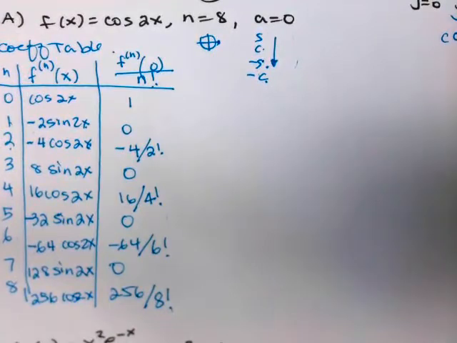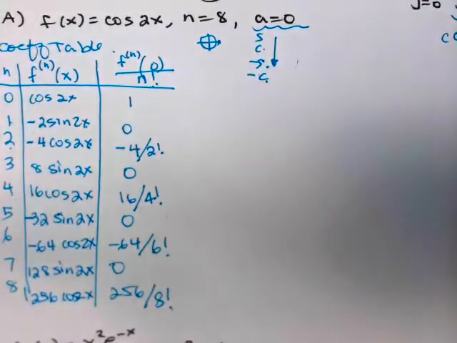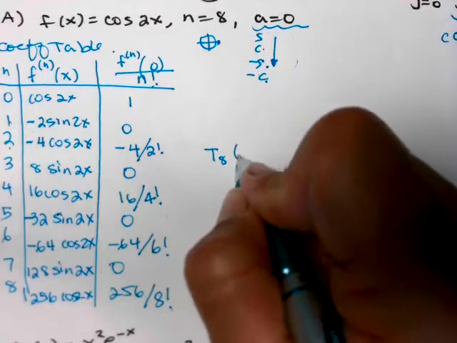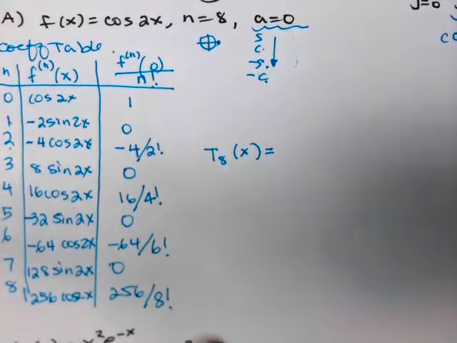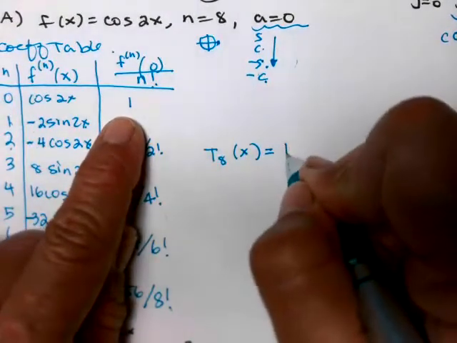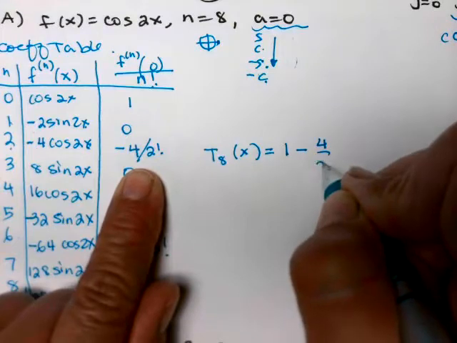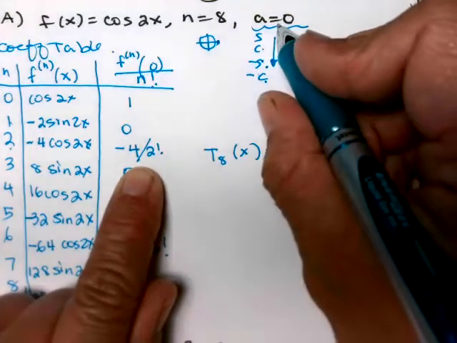Okay, so let's go ahead and build up that Taylor, in this case Maclaurin, because that was centered at 0, our 8th order Taylor/Maclaurin polynomial. So my first term is 1 minus 4 over 2 factorial times x minus a, but a is 0, right?